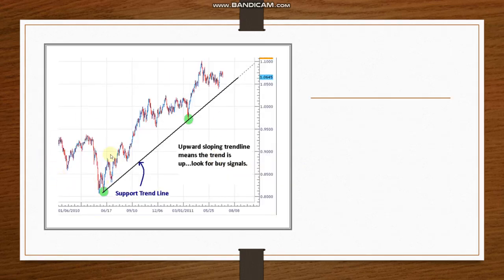Okay, let's try to understand how a trend line works as support or resistance. See, market came down and market reached this particular point. Okay, and see, market went up, came down, went up, came down, and see, market again touched this particular point.